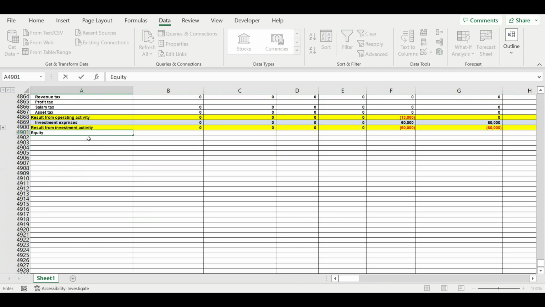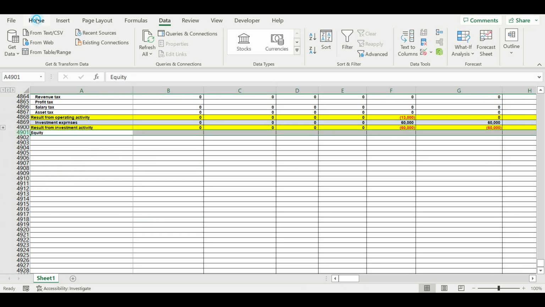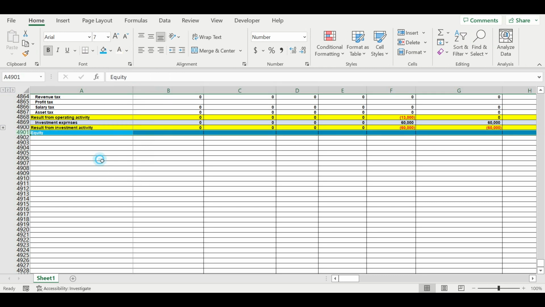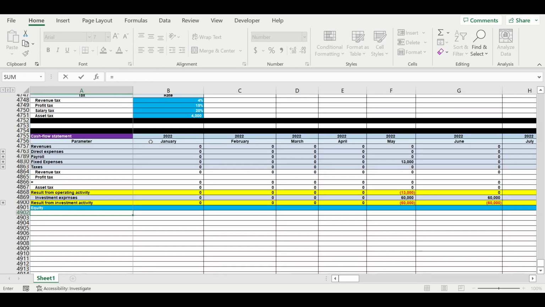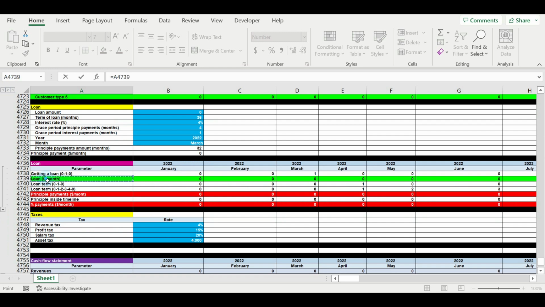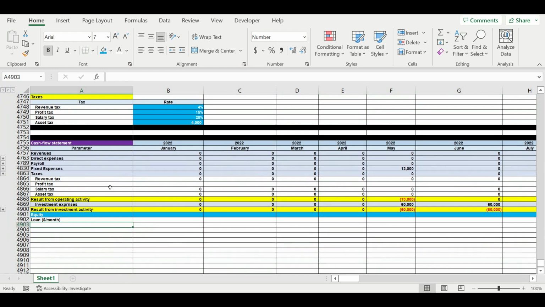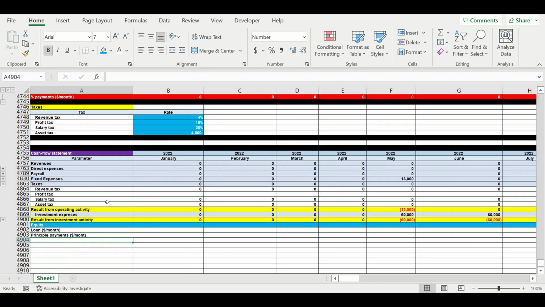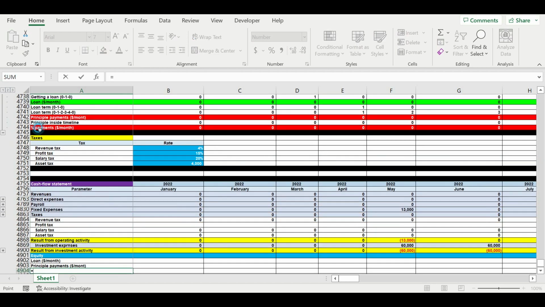Equity. Maybe this will be the only line for inputs inside the cash flow statement. Then I'm adding loan, inflow of loan. Then I'm adding principal payments. Then I'm adding interest payments.